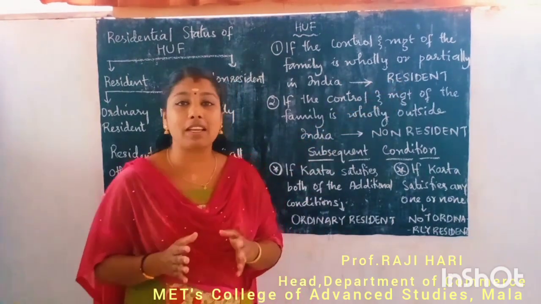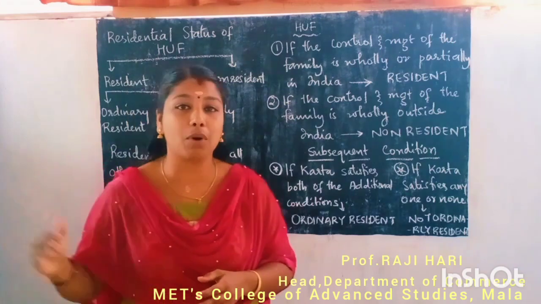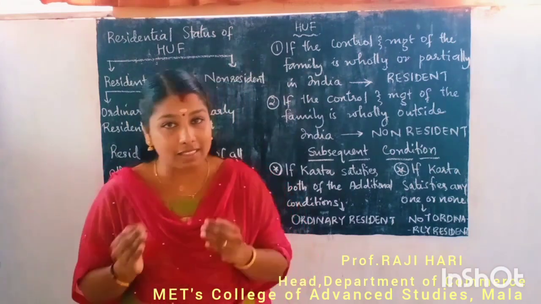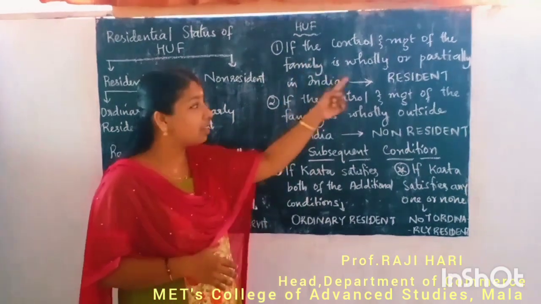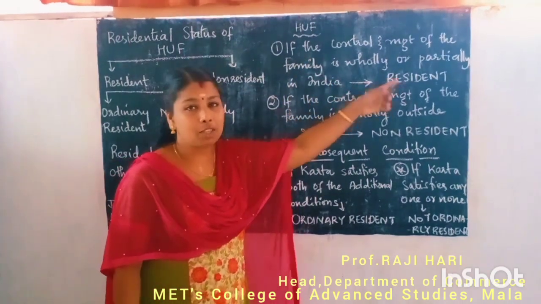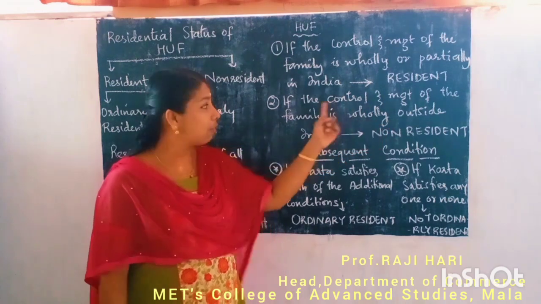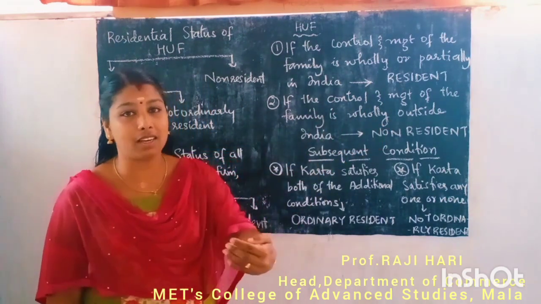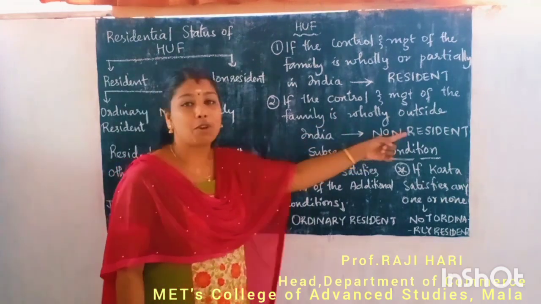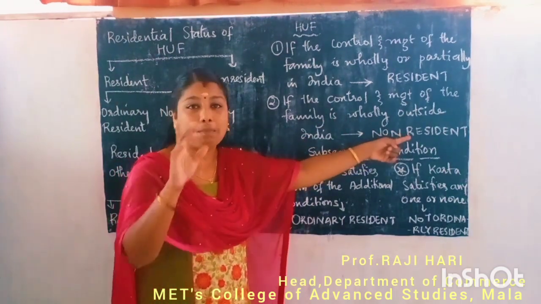Control and management means the decision-making bodies are situated either partially or wholly in India; that family is a resident family. So when does it become non-resident? If the control and management of the family is wholly outside India, that family is non-resident. This is the first basic check.